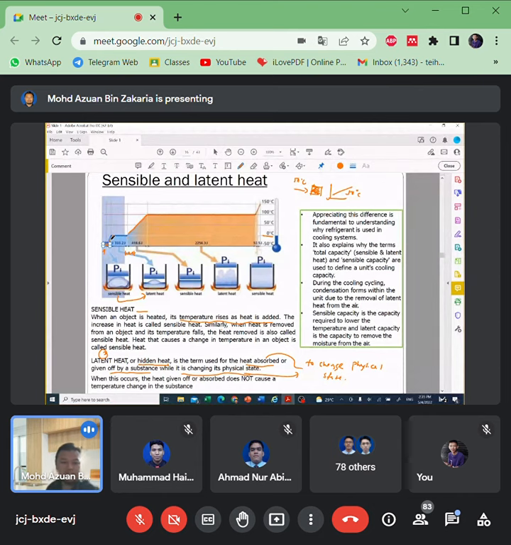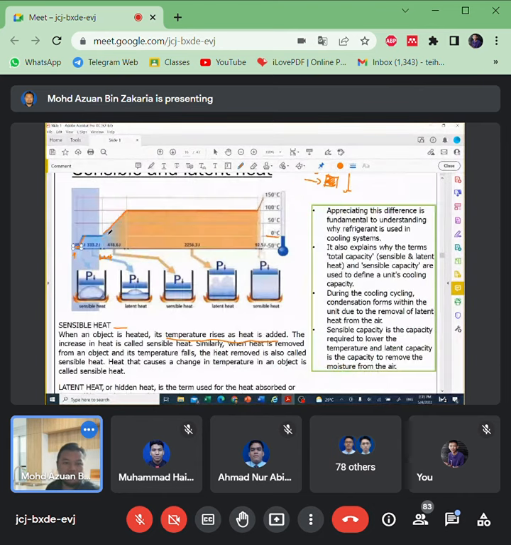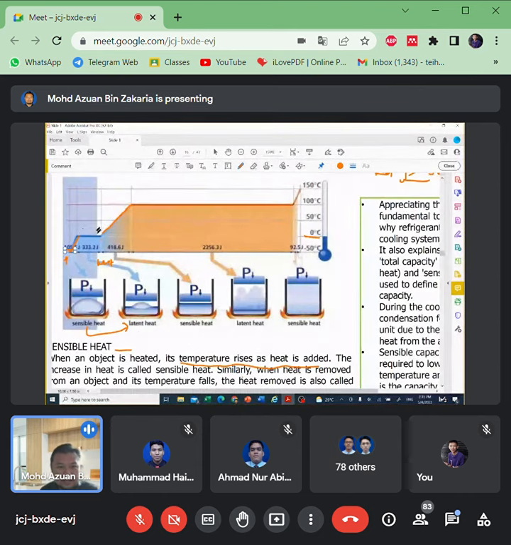During this phase, what happened here? Here we add heat. From the frozen ice block, temperature increases until a certain time, then the temperature remains the same, for example at 0 degrees Celsius.